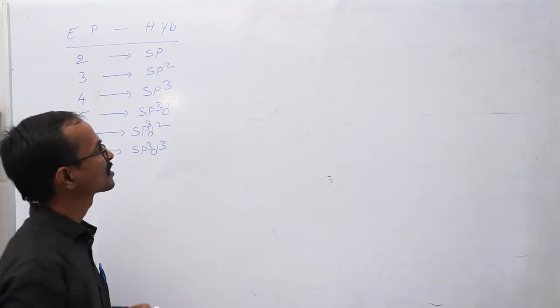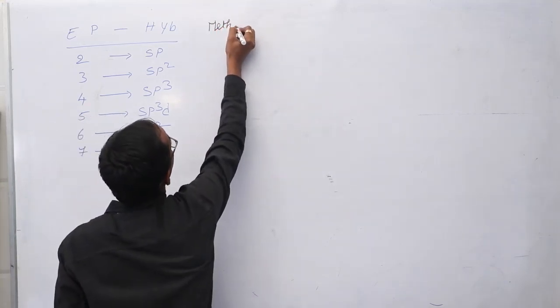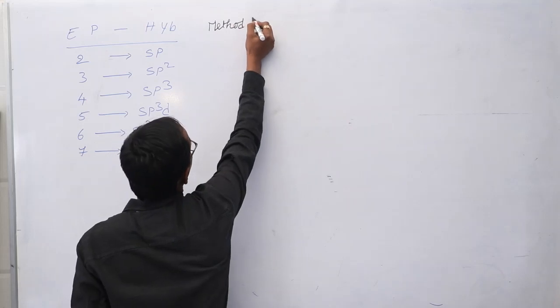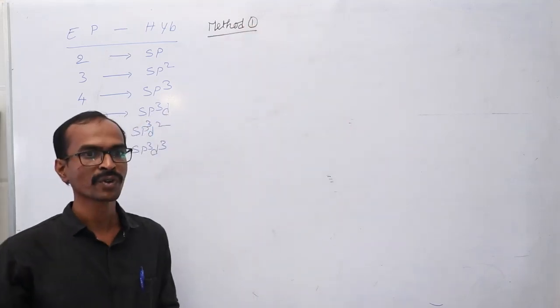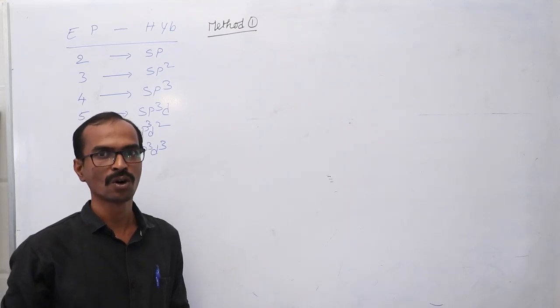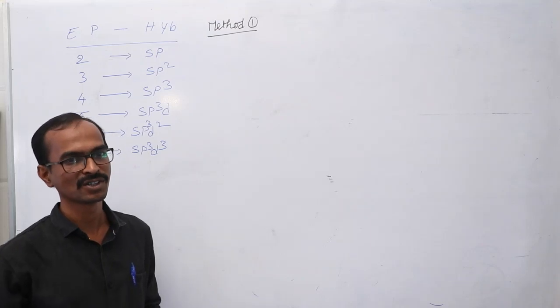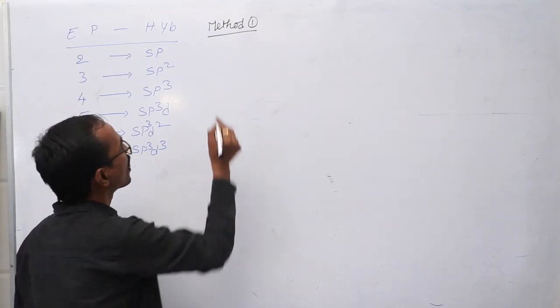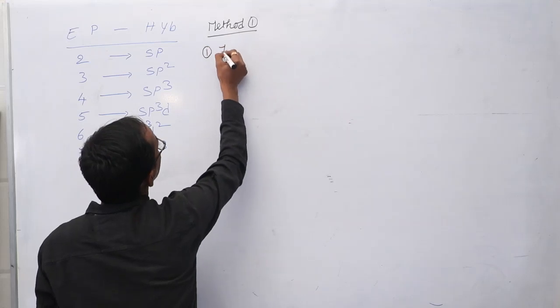Now let us discuss the first method for the determination of hybridization. If a molecule is given, what you have to do is, after looking at the molecule, find the central atom.